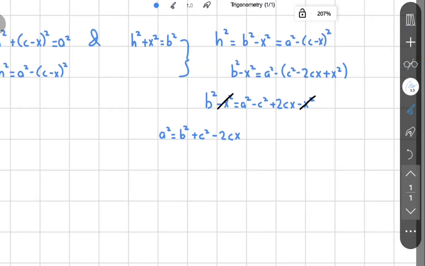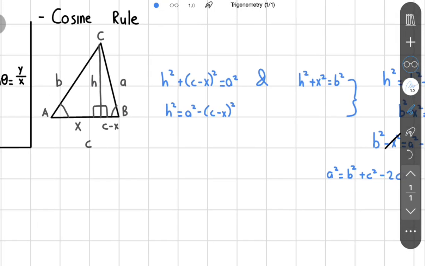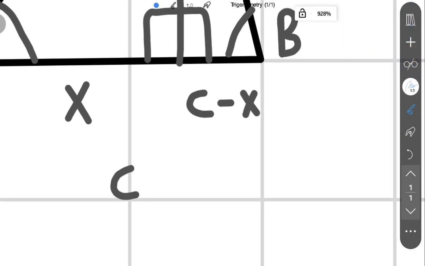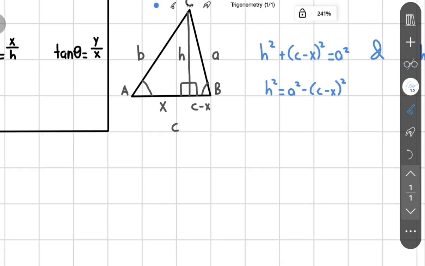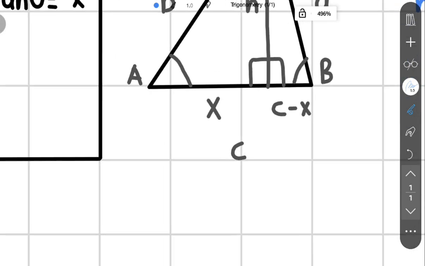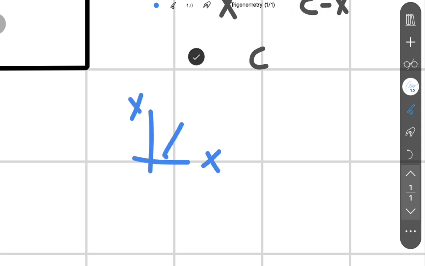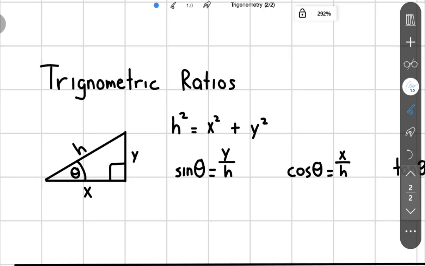Okay, and this is what we're left with. But where will the cosine come from? In here, we have x. If we look at the side or the length x, basically any x component, since it's horizontal like this, and also if we're going to talk about any x or y component, let's just say that there's a triangle here.